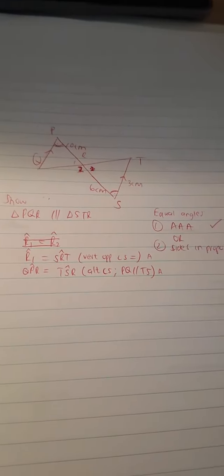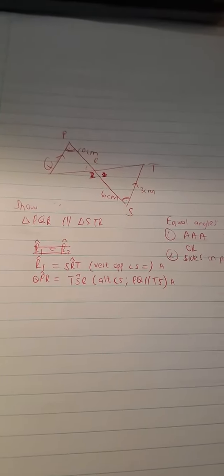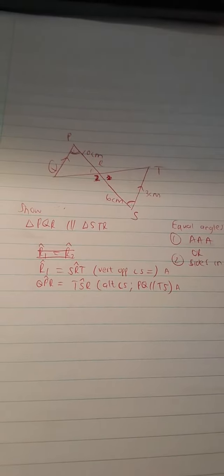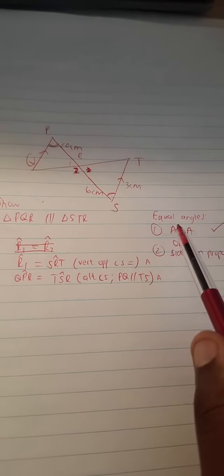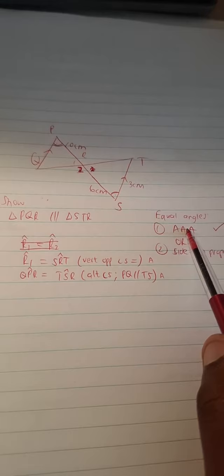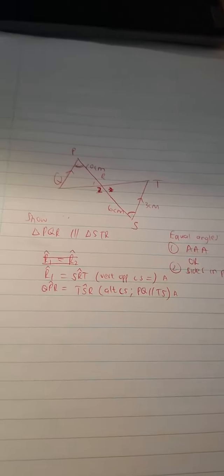Now I need a third pair of angles so that I can fully complete the similarity of triangles. My first two pairs are taken care of. I need one more.